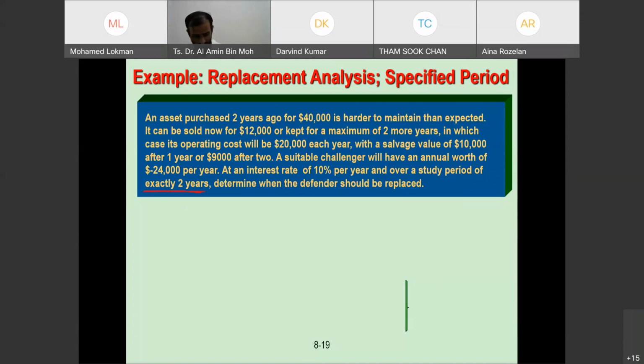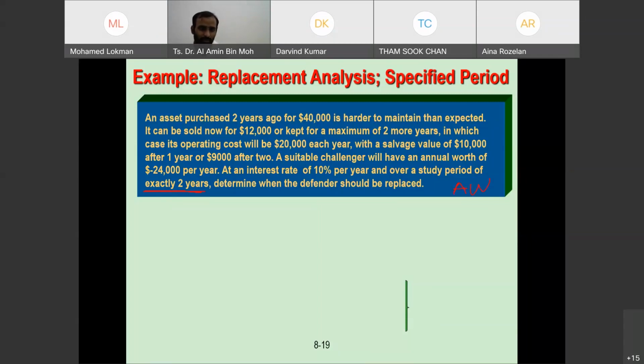Guys, are you confused? You get the value of AW for the defender and challenger. Exactly. We are going to calculate the AW. We can't run away, it's always AW.